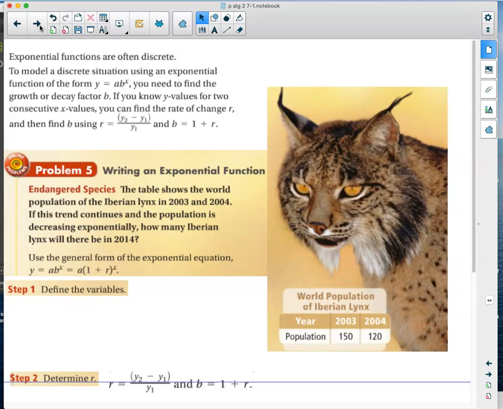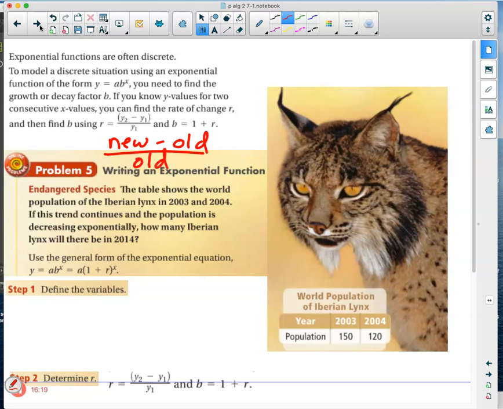Take the new minus the old and divide it by the old. New minus the old and divide it by the old. Because what we're trying to do is compare it to what it was when we first started.